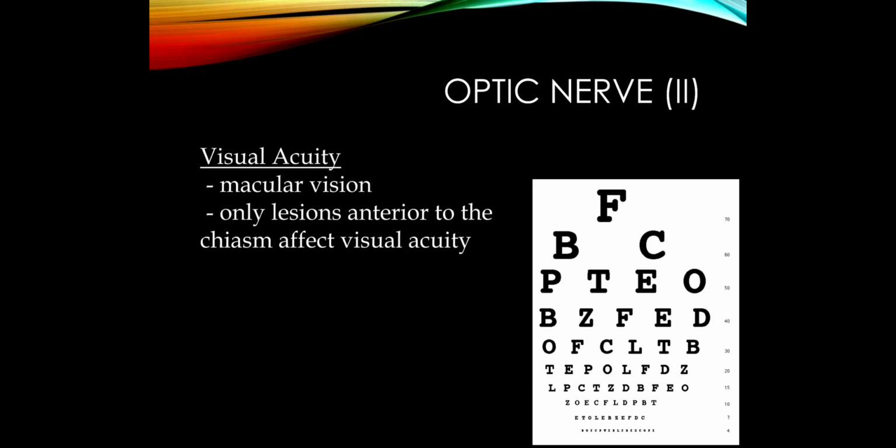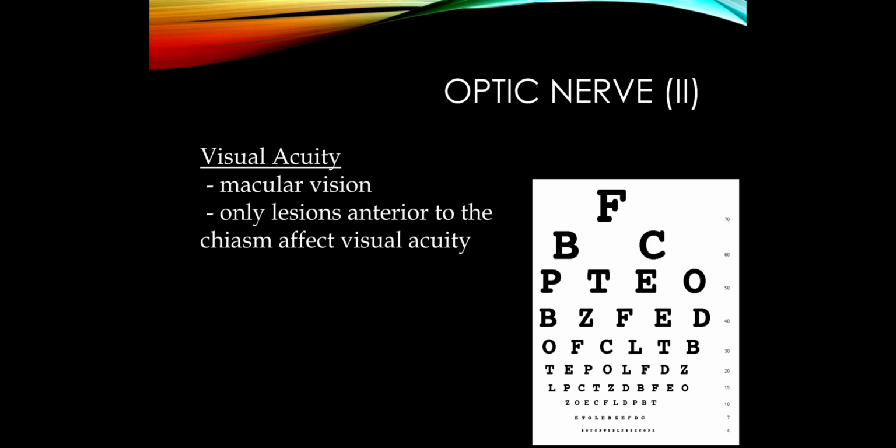If someone has lost half of their macular vision, say from a lesion in the left hemisphere affecting half of the crossing macular fibers, visual acuity is still 20/20 with half of a macula.